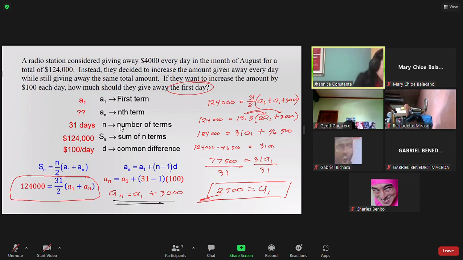Okay, that's it for this example. Okay, can I clear the screen with this one?